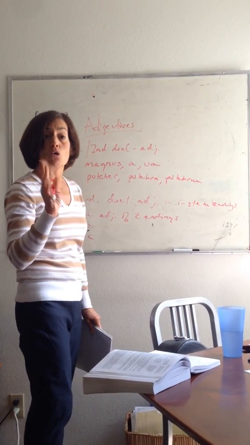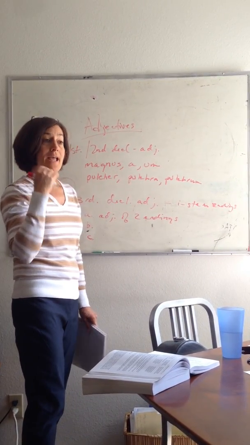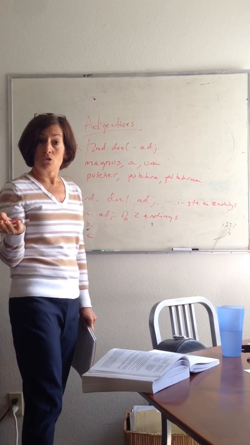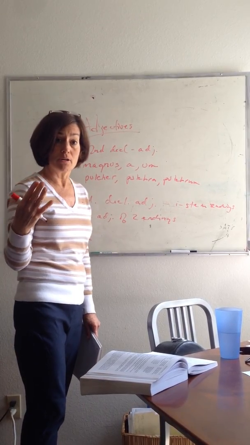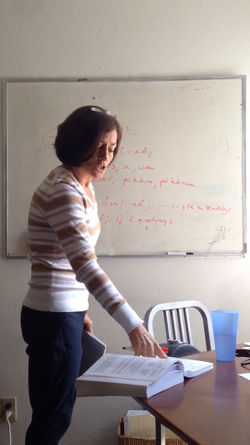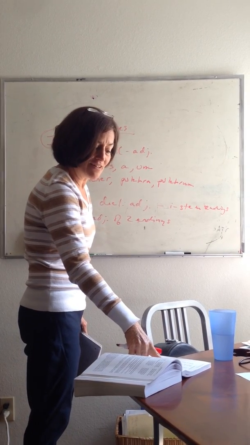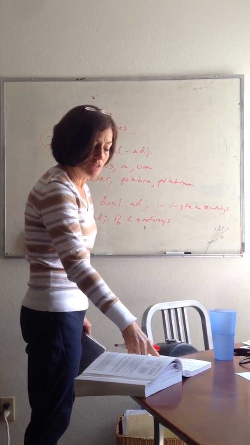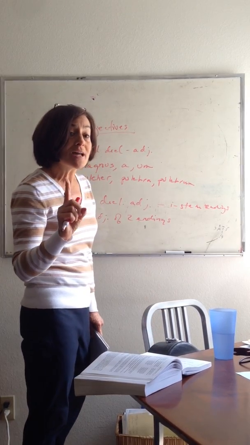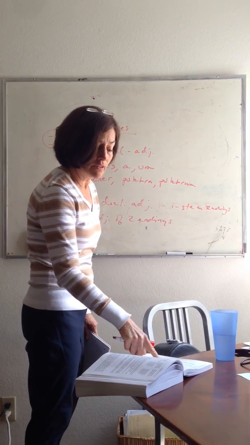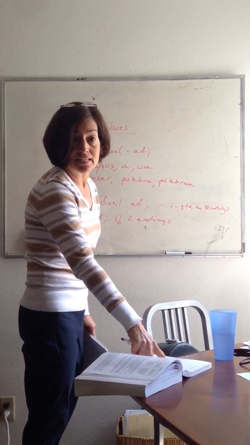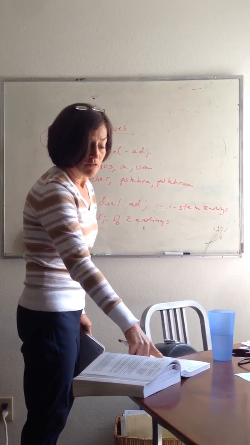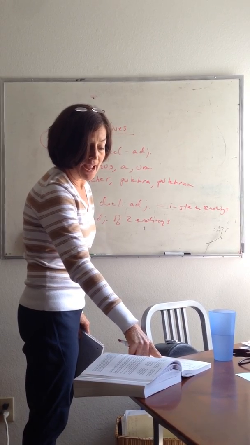And remember, how do you know which gender and case and number to use? Because your adjectives always match your nouns in case, gender, and number. Okay? So notice the rest of the case endings there all just follow the I-stem. The one difference is that all of your third declension adjectives have an ablative singular -i, for masculine, feminine, and neuter.